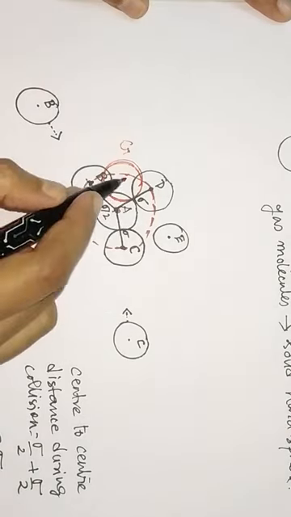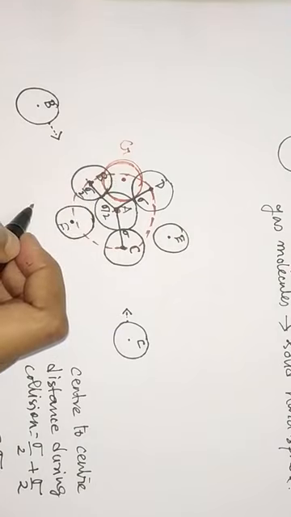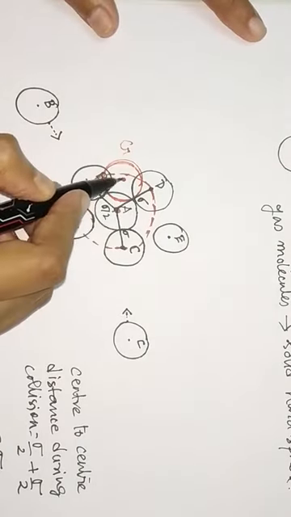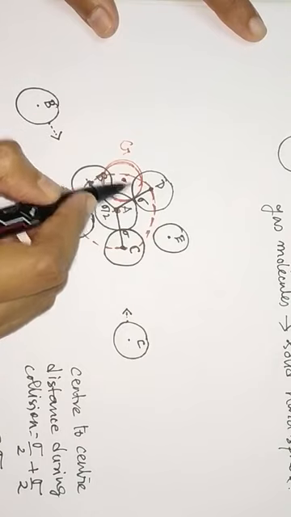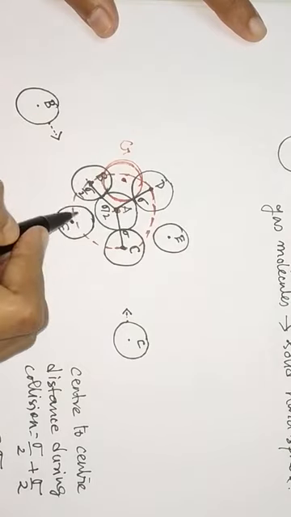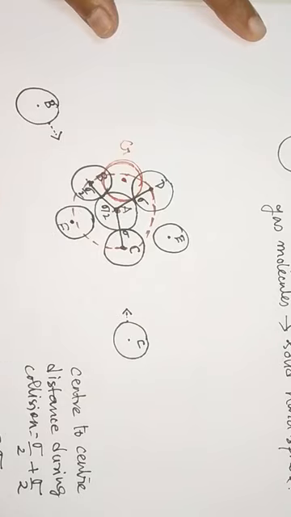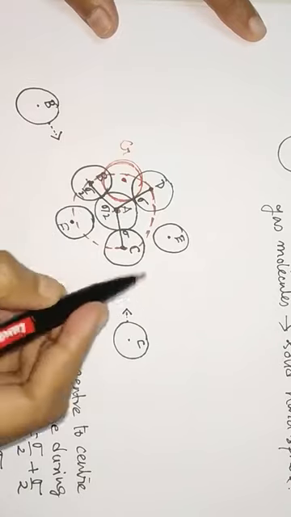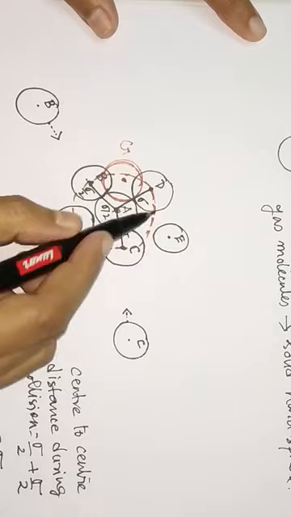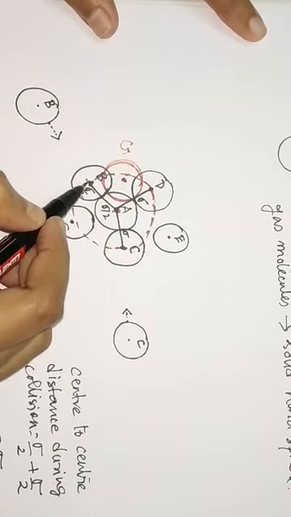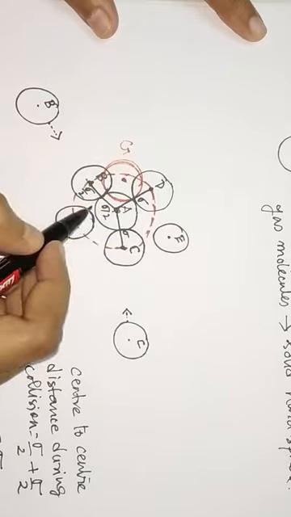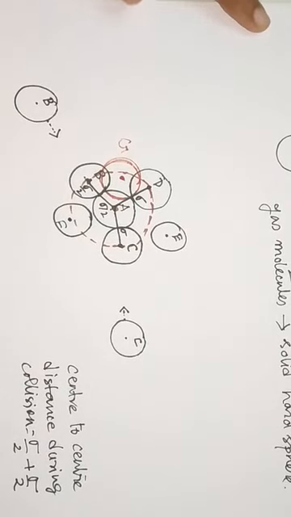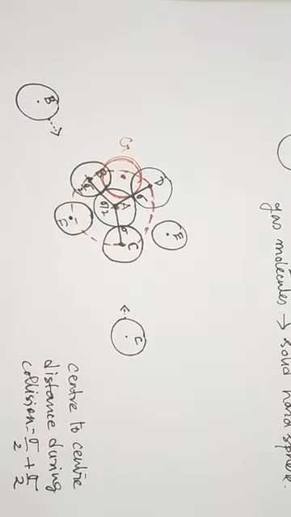It cannot happen, but you can imagine this kind of situation where the center of one molecule lies within the sphere of another molecule. So if the centers of the molecules are lying either on the surface of the sphere or within the sphere, then there will be collision between those molecules and molecule A.